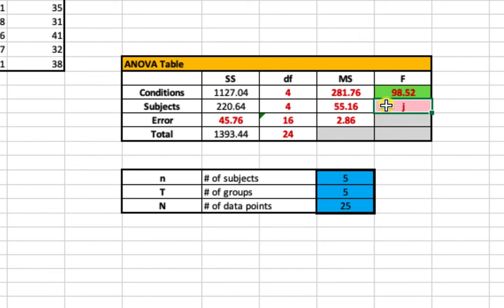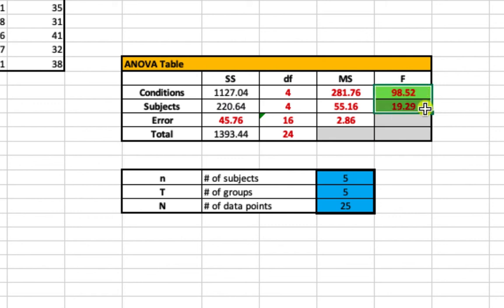The last thing we can calculate in this ANOVA table is the F statistic for the error within subjects. So we could do equals the mean square for our subjects divided by the mean square of our error.